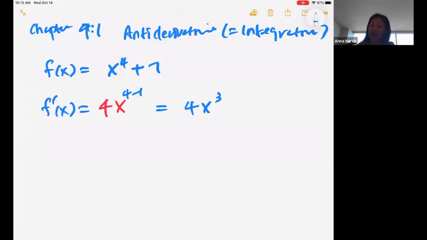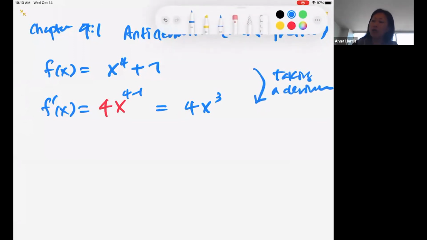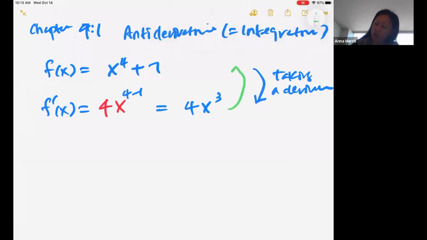Now, that is taking a derivative. Now, what do I want to do? I want to go back. Opposite. Antiderivative means what? Taking a derivative is coming down to get a lower power. Antiderivative means going up to a higher power.